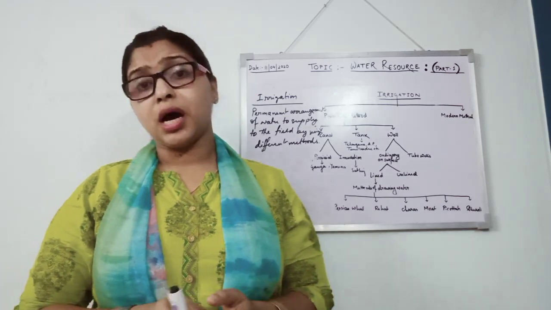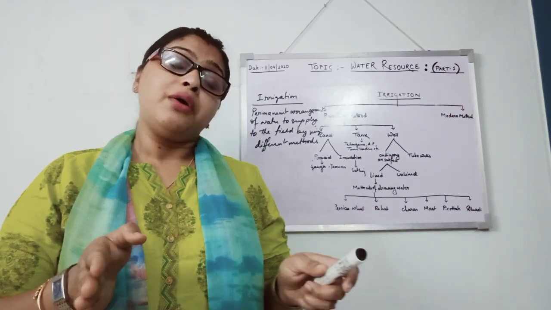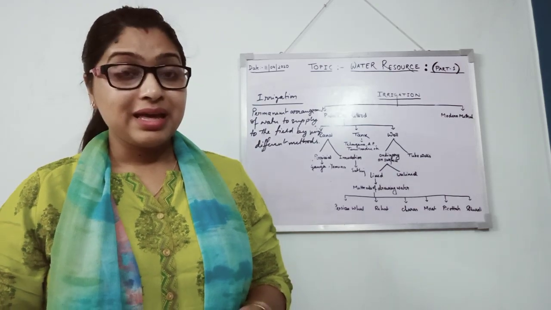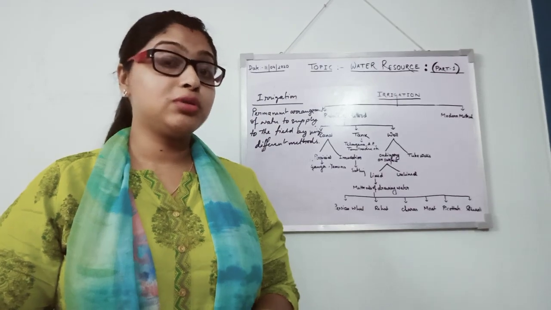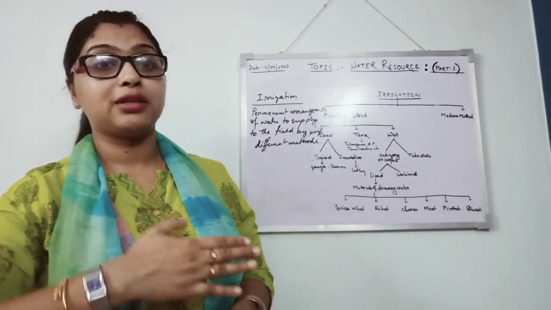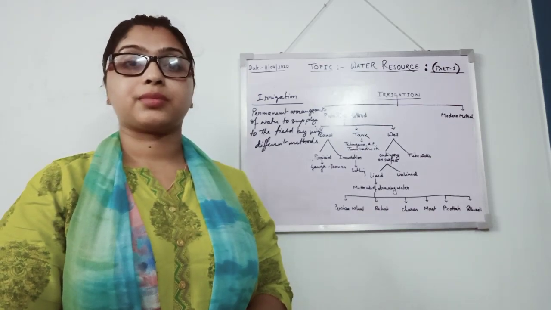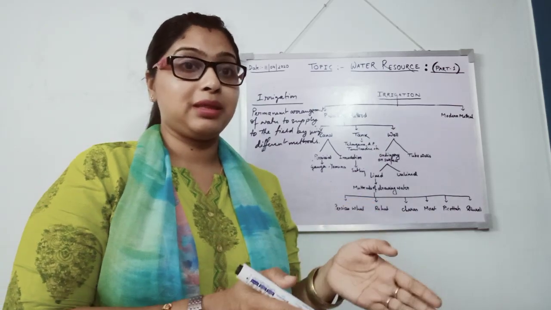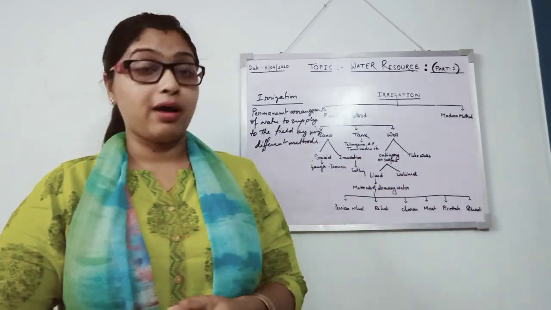Even in 2009, you have seen the rainfall season came to our country late, and the withdrawal of the monsoon was also late. Even till December we faced the withdrawal of the monsoon. So there is no fixed time when the southwest monsoon will arrive.